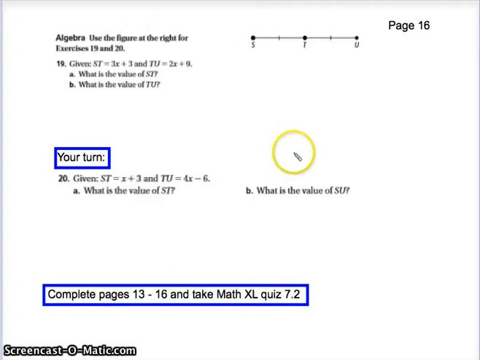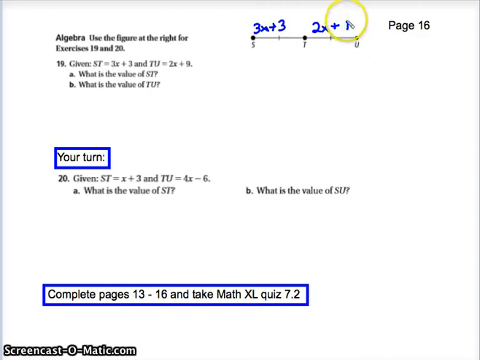All right. Last little bit here, let's talk about using the midpoint to find some distances along a segment. I'm given that ST is equal to 3x plus 3, and TU is equal to 2x plus 9.